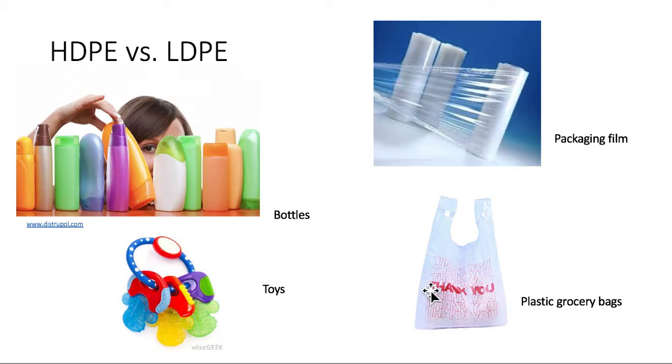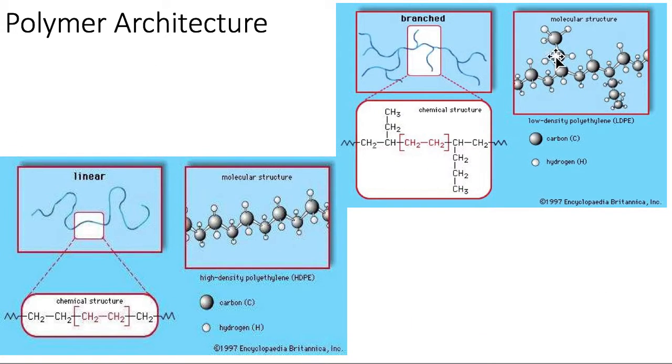Again, branch polymer molecules cannot pack together as closely as linear molecules can, so the forces holding these polymers together tend to be much weaker. Which one will be weaker? The one that has a lot of branches, the LDPE.